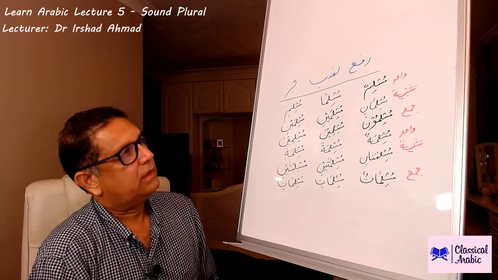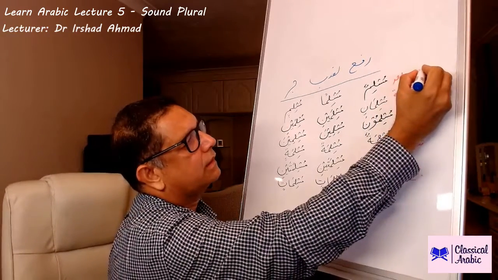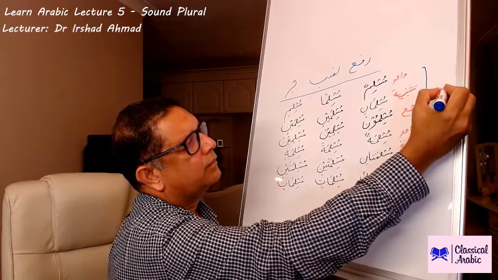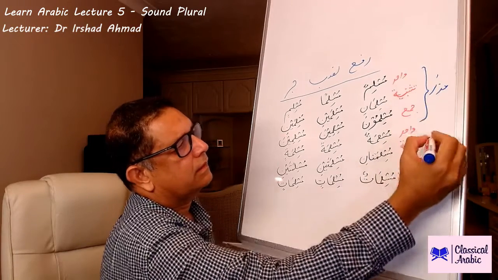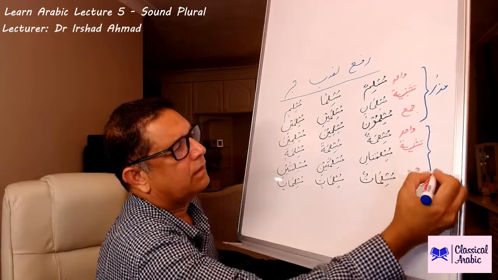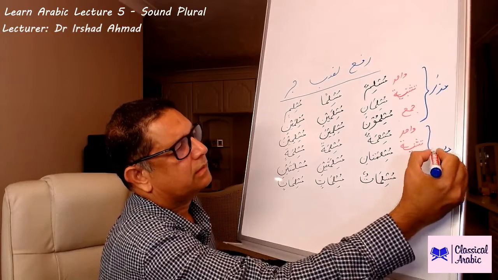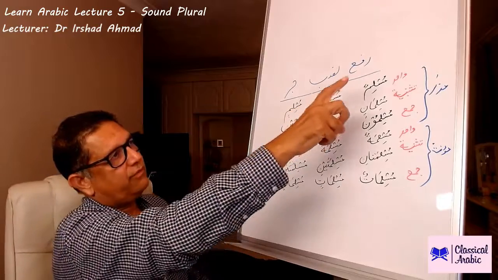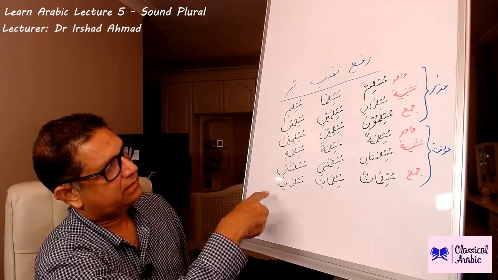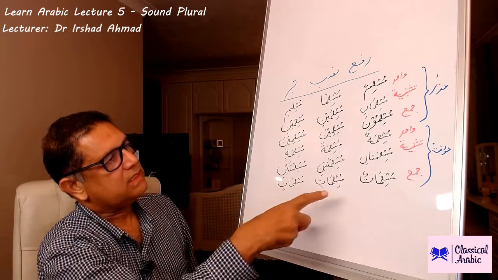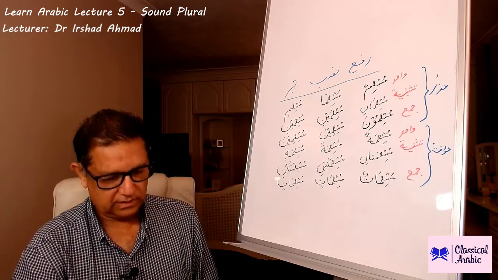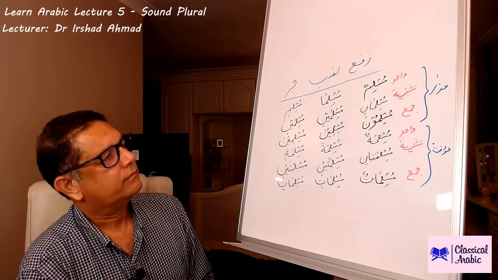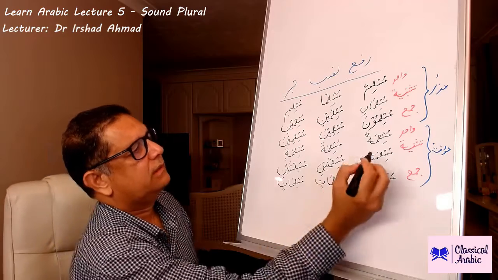And now we can add here muzakkar and muannas. So from one word we have 18 different forms of the same word.